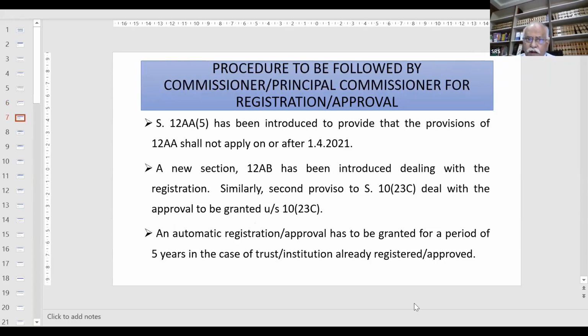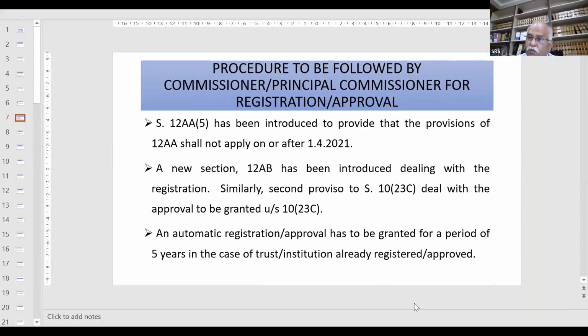Now, section 12AA(5) has been introduced to provide that the provisions of section 12AA shall not apply on or after 1/4/2021. So what is the effect of this?